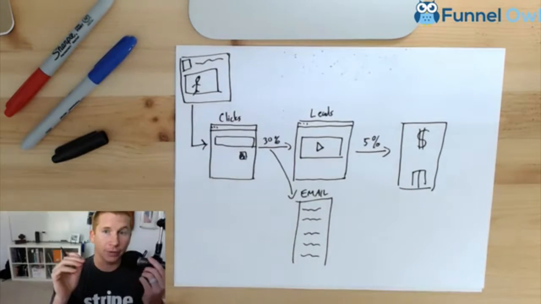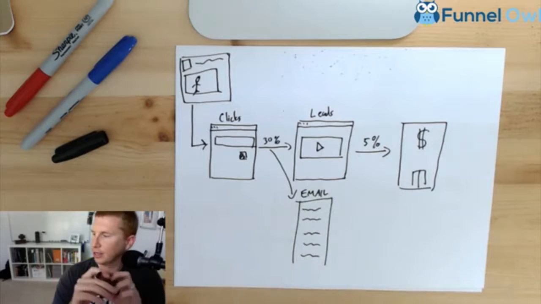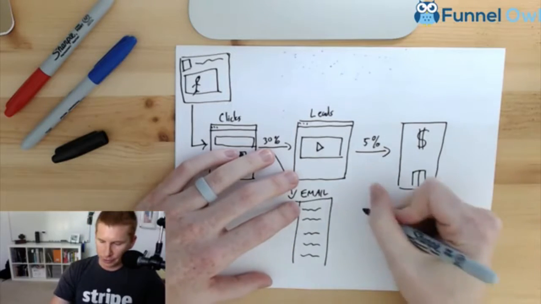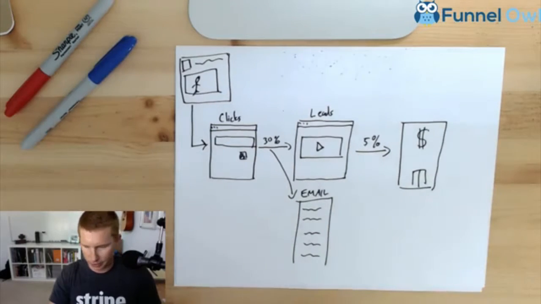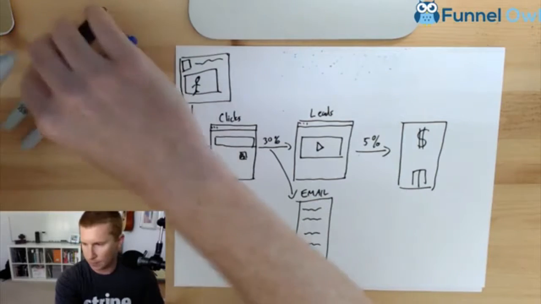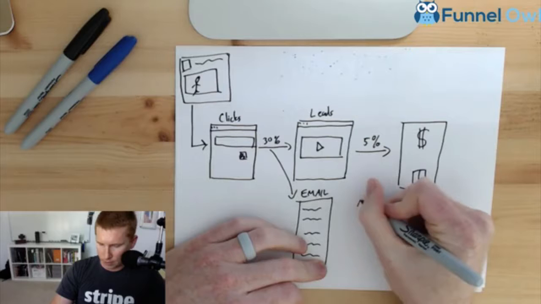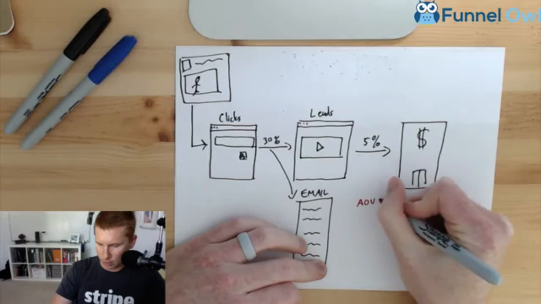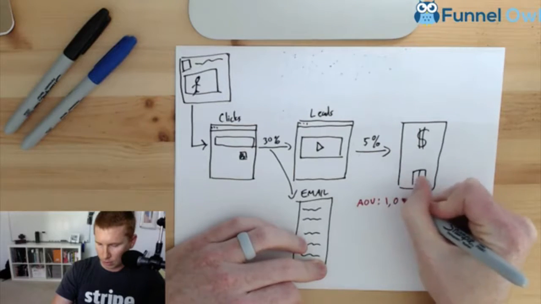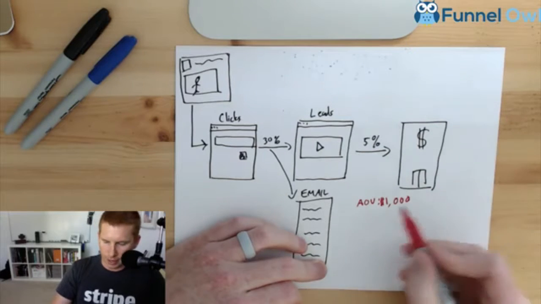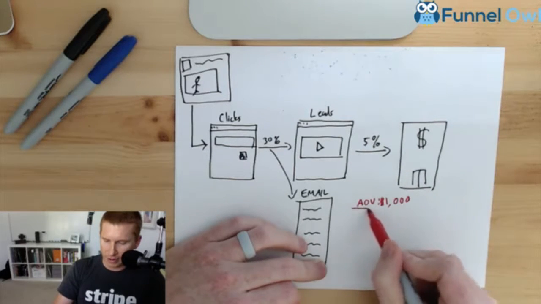knowing your average order value plays such an important role in how this plays out. So first one we'll do different color. Average order value of $1,000.